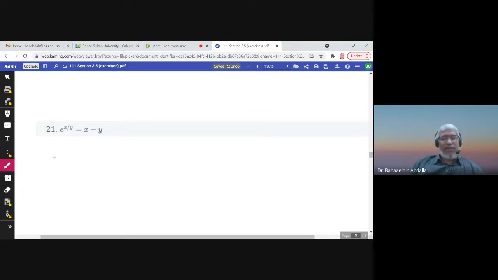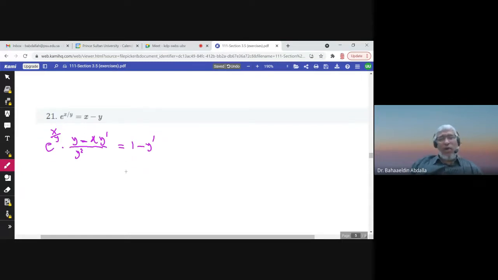The derivative of the left-hand side is e to the power x over y times the derivative of the inner function, which is x over y. I use the quotient rule, y squared. Derivative of x is 1 times y minus derivative of y is y prime times x equals derivative of x is 1, derivative of y is y prime. Well, I will multiply by y squared.